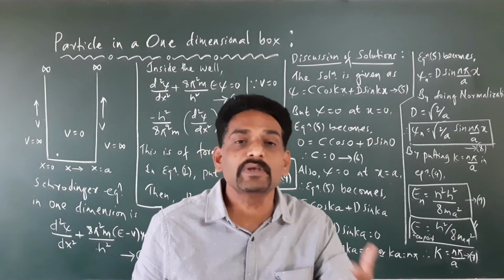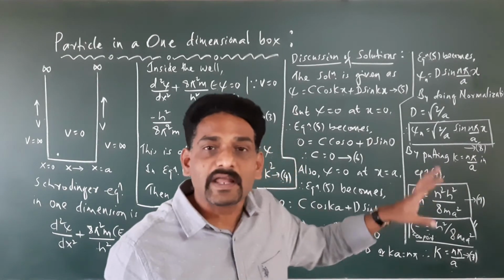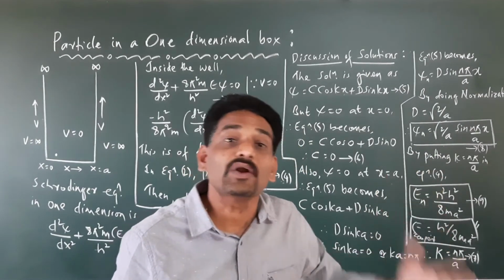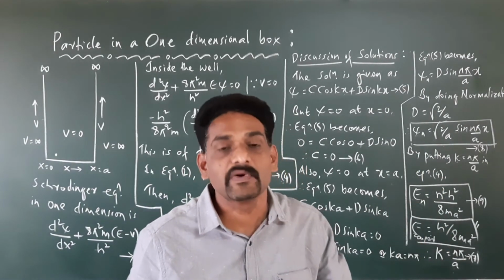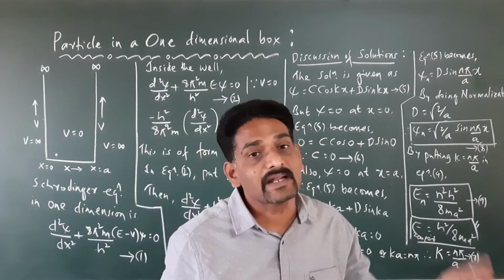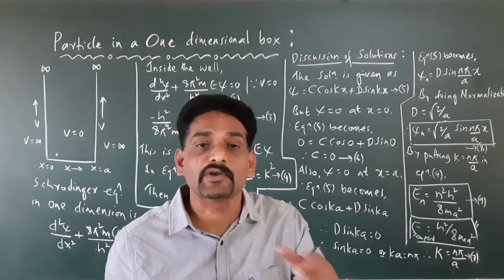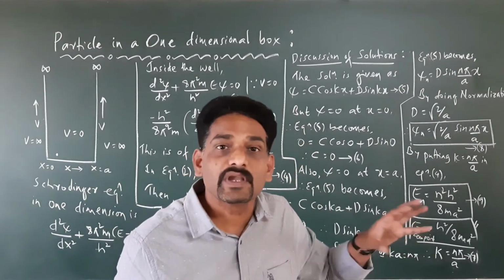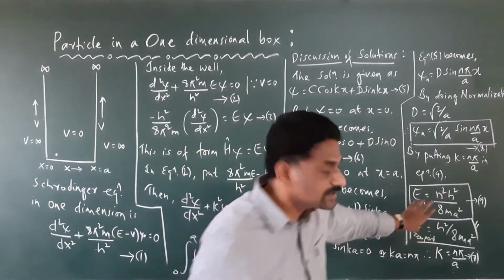It is not going to be 0. This means the energy of a particle at 0 Kelvin is not 0 as per quantum mechanics, whereas as per classical mechanics, the energy of a particle at 0 Kelvin is 0. So these are the important conclusions we can draw from this energy equation.